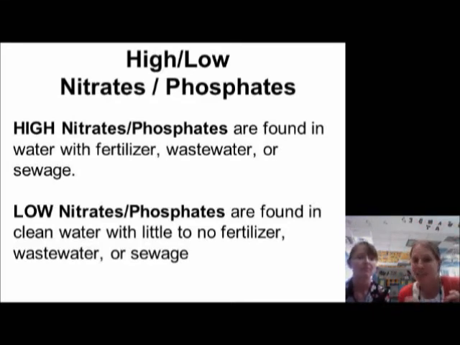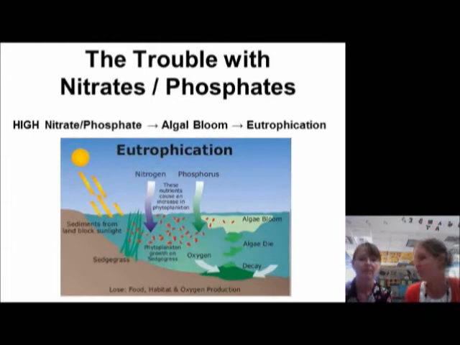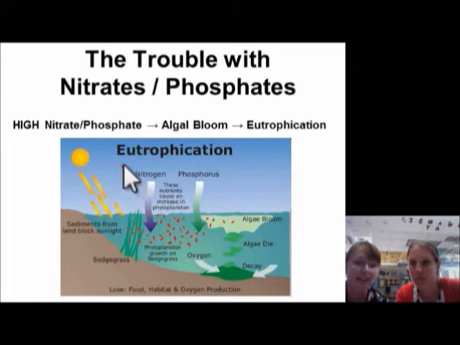Now, nitrates and phosphates cause some problems that are really important to understand. So we're going to take a second to talk about the problems that nitrates and phosphates can cause. When we have high levels of nitrates and phosphates, we end up with eutrophic conditions.